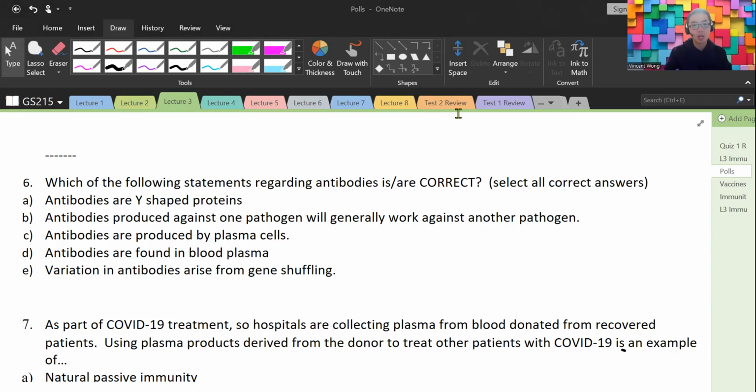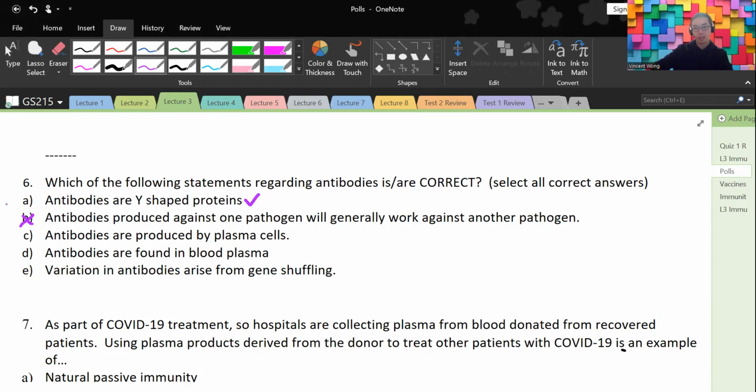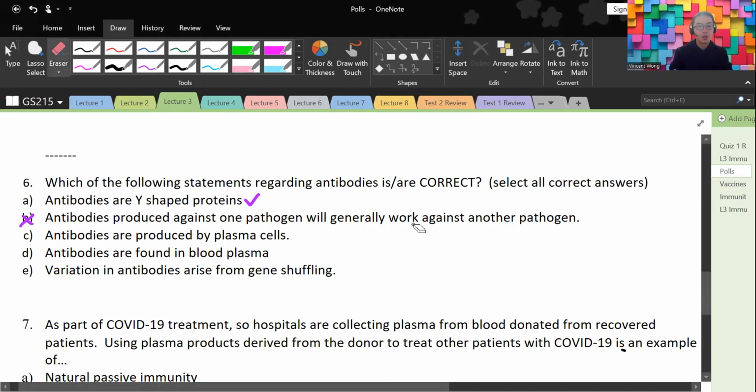Okay, so which of the following are correct? Antibodies are Y-shaped protein. That's correct. Antibody produced against one pathogen will generally work against another pathogen. No, antibodies are highly specific, right? Sometimes in rare cases, it would work for more than one pathogen, but usually not. Antibodies are produced by plasma cells.